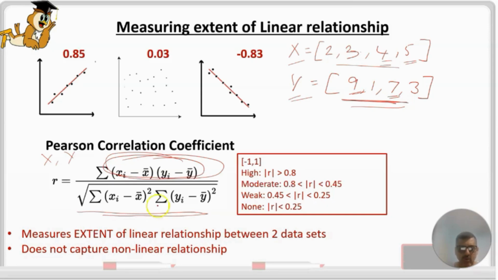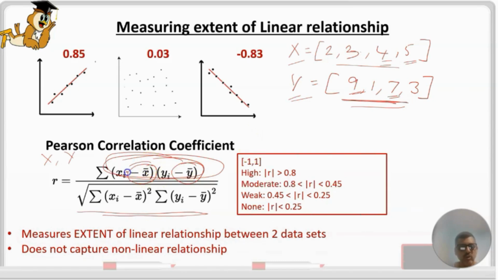Now you will ask, why is this average being subtracted? That is to ensure that a negative correlation, which is also a type of correlation, is properly captured. You don't want a situation where the value of R is close to 0 for negative correlation.